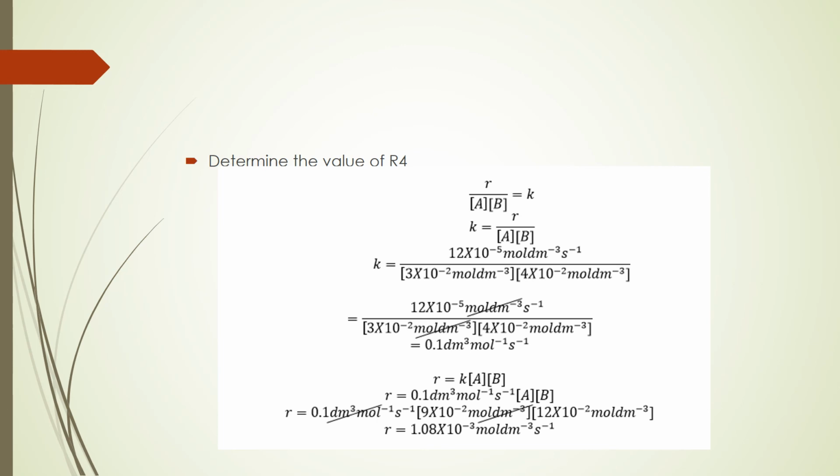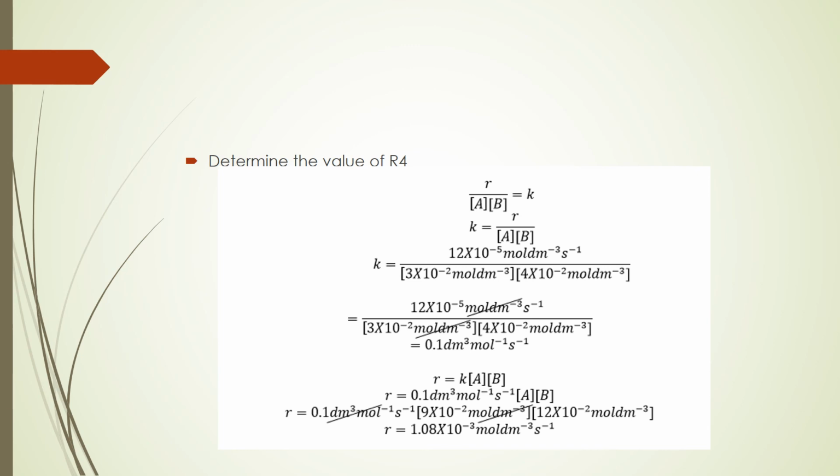Mole per dm cube from the numerator can be cancelled out with one of the denominator. After calculation we get K as 0.1 dm cube per mole per second. The unit must be correct.